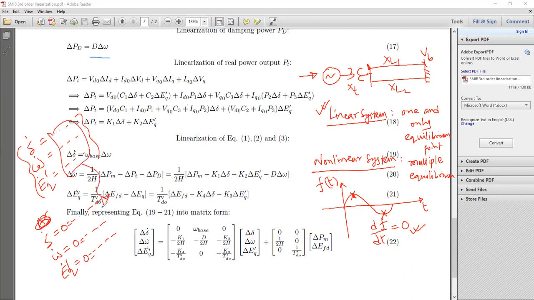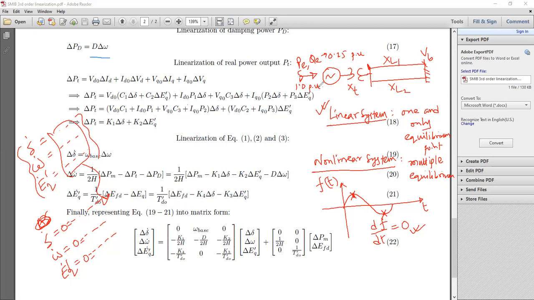Let's say, for example, at a certain instant your load demand for the single machine infinite bus system is such that you require to supply PE equals 1 per unit, QE equals 0.25 per unit. This is one example of an equilibrium point.